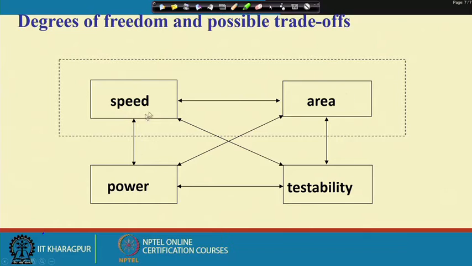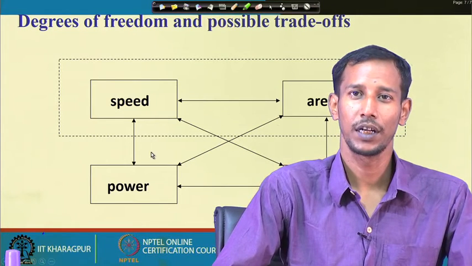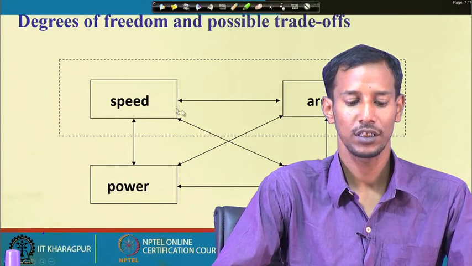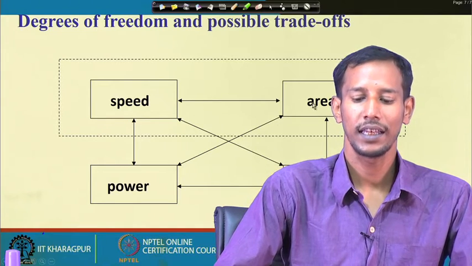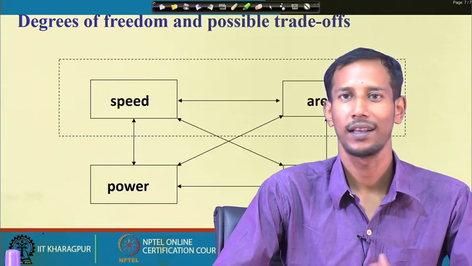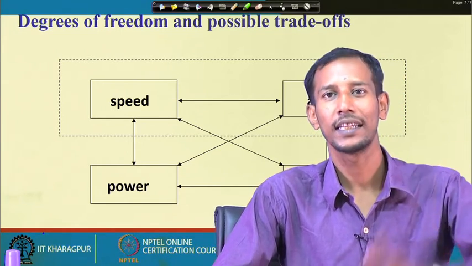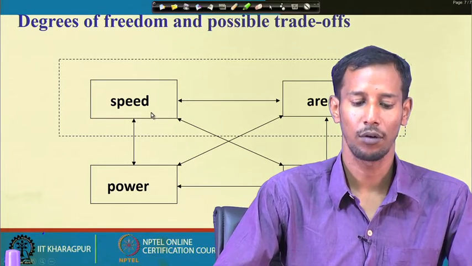Each of these four, area, speed, power and testability, are interconnected and have trade-offs among them. Why do they have trade-offs? It is not that I can achieve speed and area both at a time; I cannot linearly increase both, because they have a trade-off.